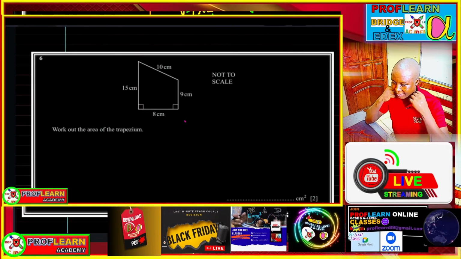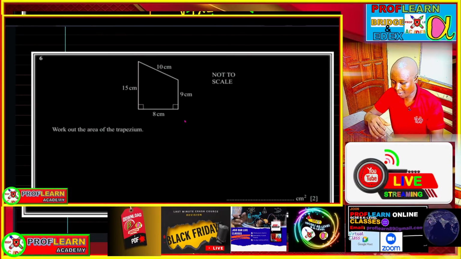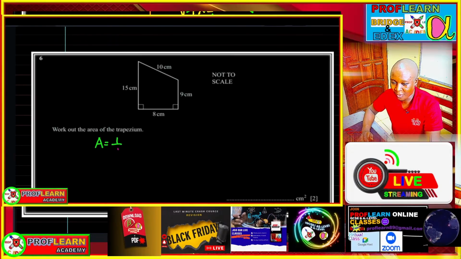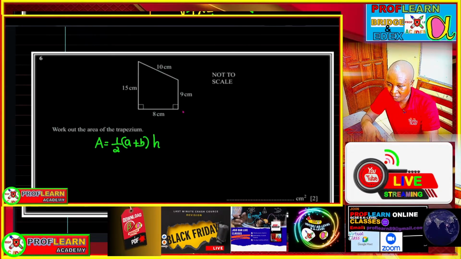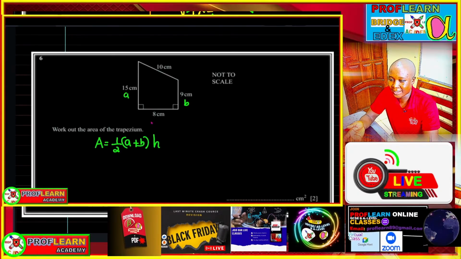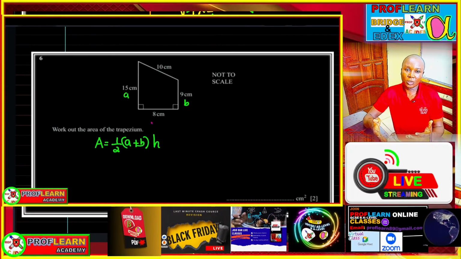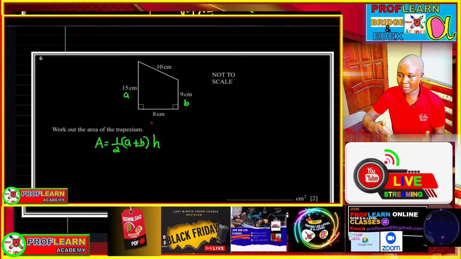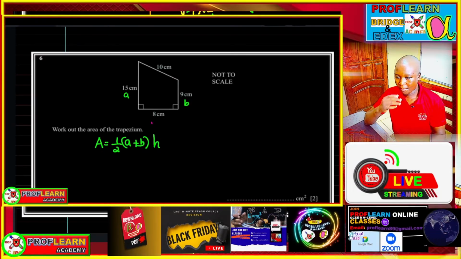So some candidates decided to show how powerful they are by using this formula. Area is equal to half times (A plus B) times H, whereby 15 is our A and 9 is our B, because A and B are usually those sides which are parallel.